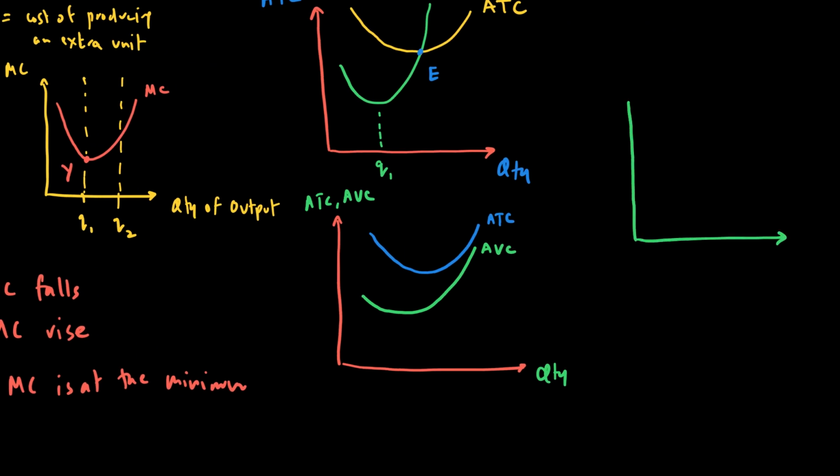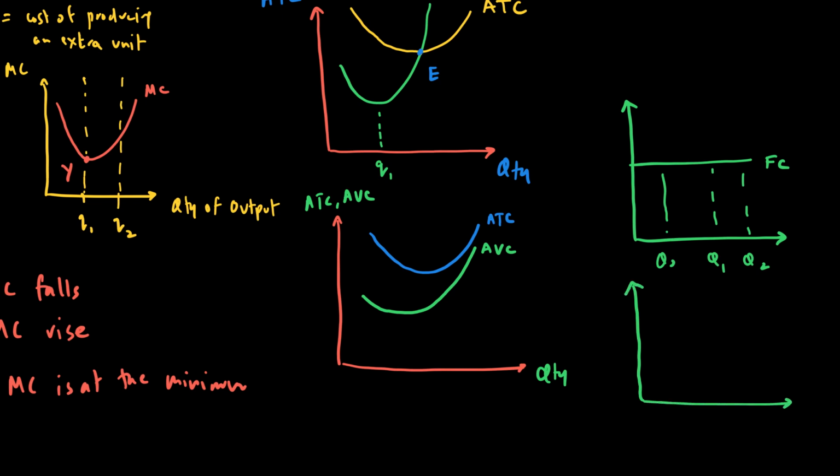Remember, when we say fixed cost is like this, as quantity goes up, fixed cost remains the same. As you produce more and more units, fixed cost remains the same. So when fixed cost is constant, average fixed cost, which is fixed cost over Q, keeps on declining as quantity goes up.